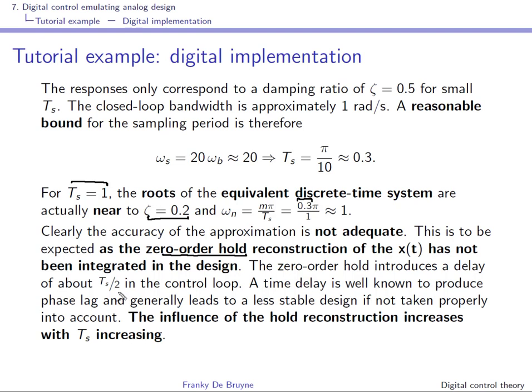This zero order hold reconstruction introduces a delay of roughly Ts over 2, right? So this will dramatically, in this case, decrease the phase margin. And you can see, of course, that the influence of this zero order hold mechanism increases with increasing Ts.